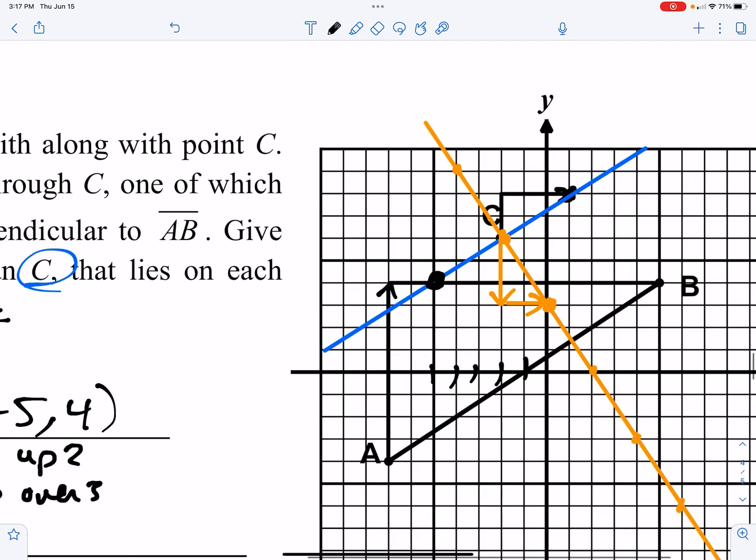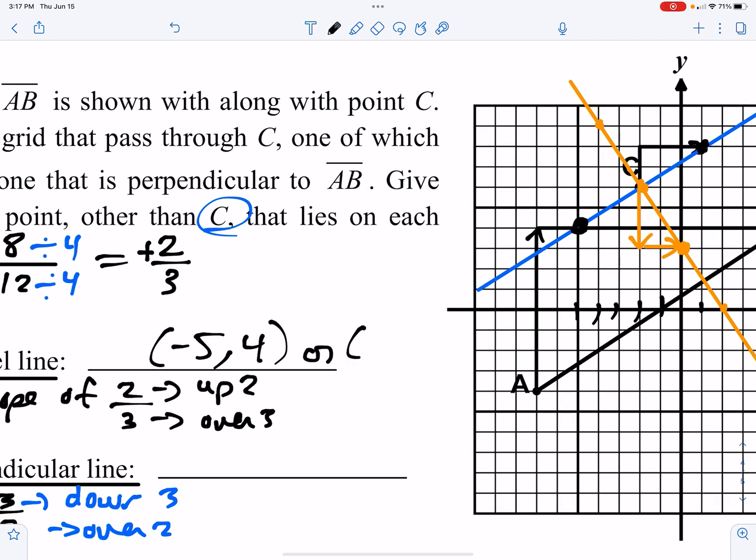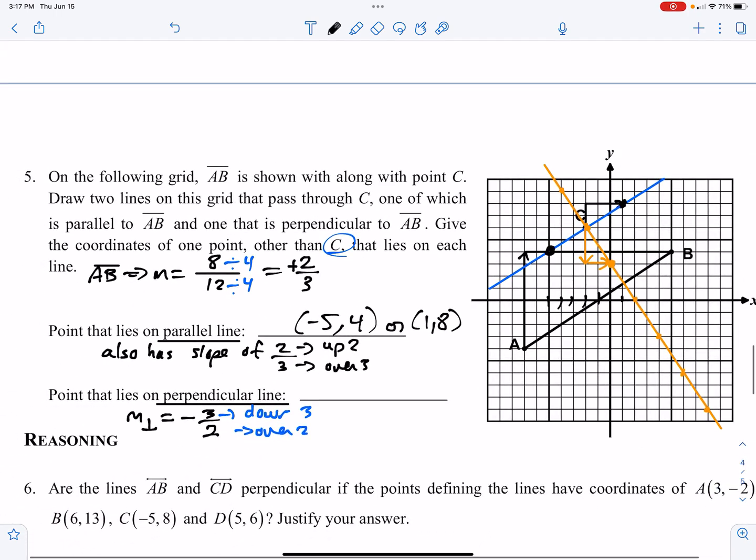I could probably choose this y-intercept right here of 1, 2, 3, 4, 5, 6, 7. No, that's not quite it. Never mind. Oh, I know. I could choose this point here, 1, 8. So over 1, up 8. Right? So I have a bunch of points that I could choose that are on that parallel blue line.